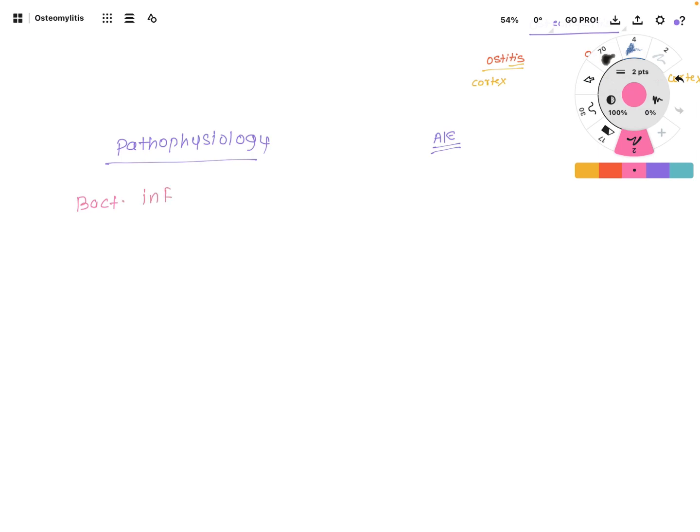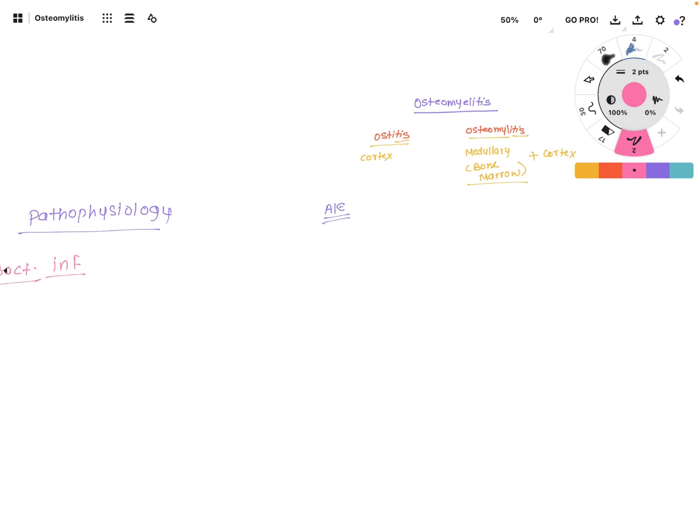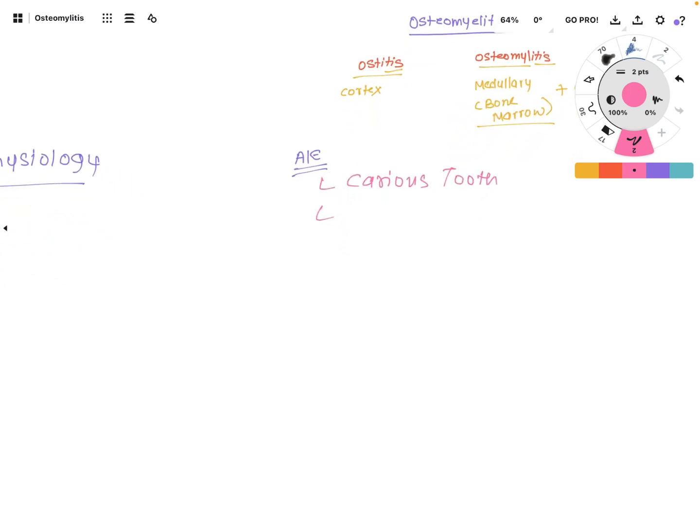For example, especially in jaw lesions, you can have a carious tooth or any periapical pathology, right?